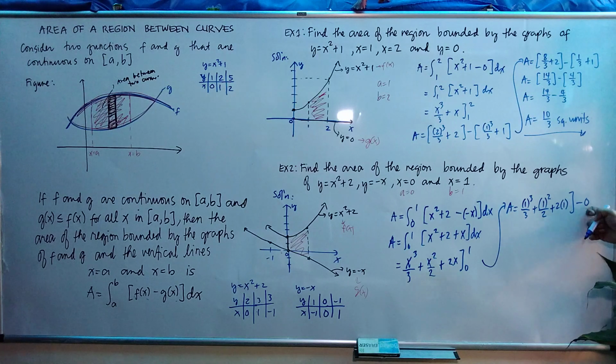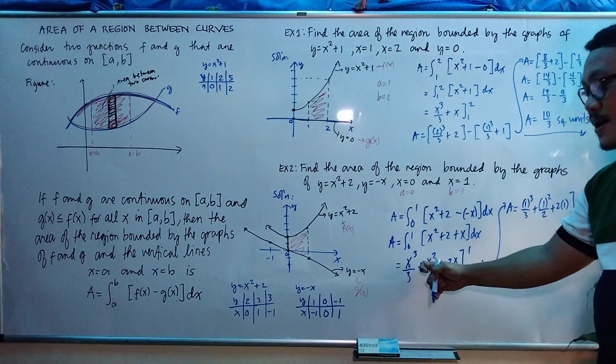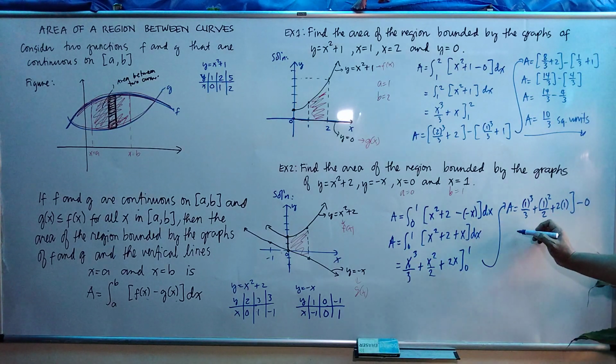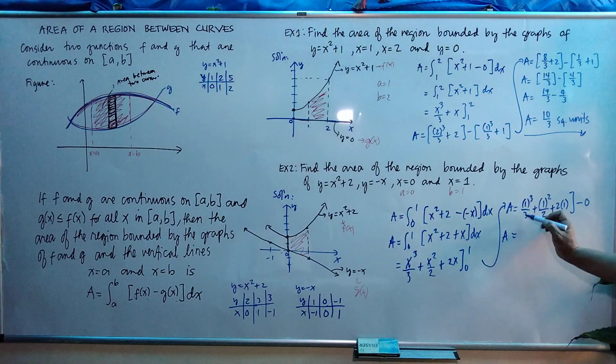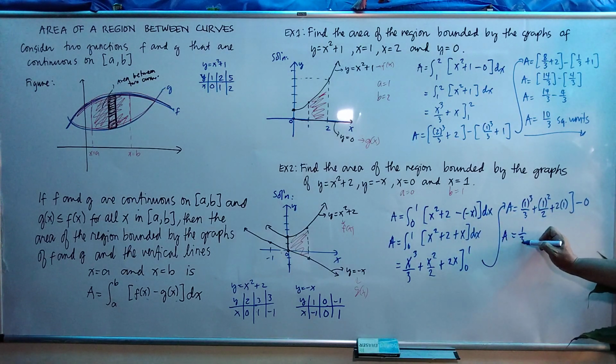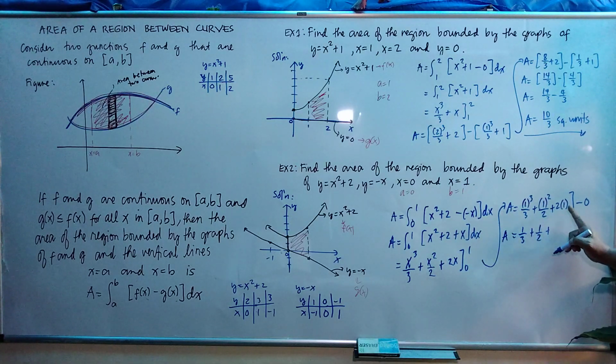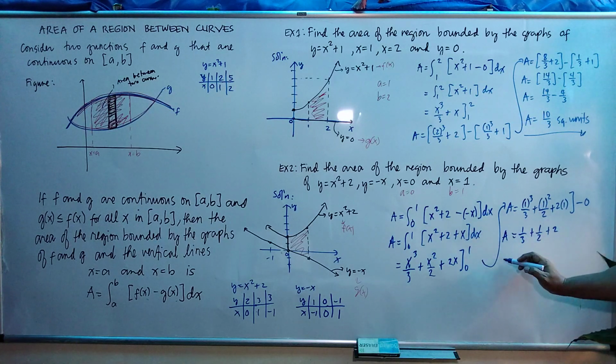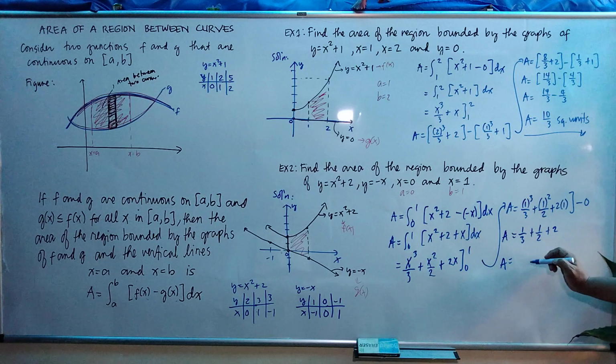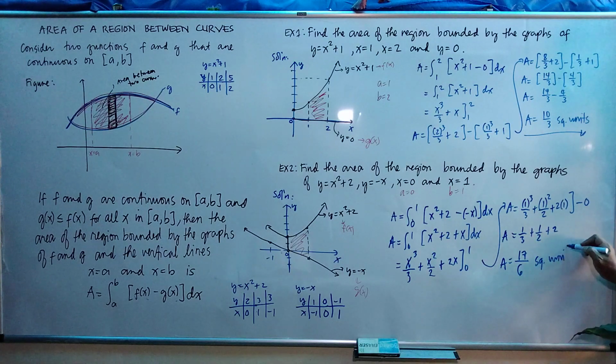It is minus 0 because the value is 0 when we substitute 0 for every x. Simplify further. 1 cubed is 1, so copy the 3; 1 squared is 1, so copy the 2 in the denominator. 2 times 1 is 2. Add: 1/3 plus 1/2 plus 2, you have 17 over 6 square units.